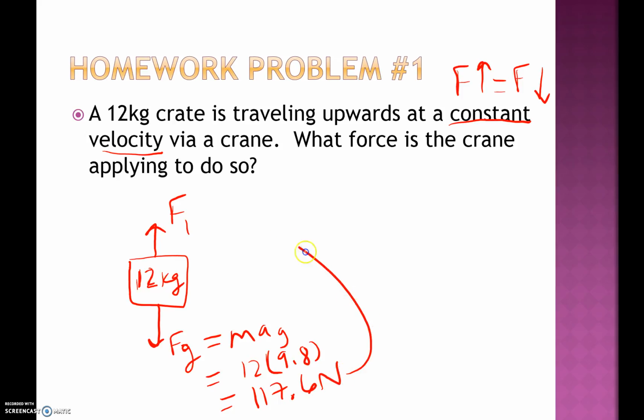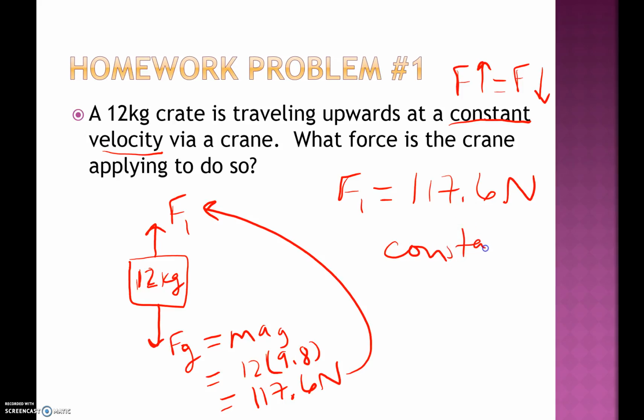That means that this is also that value. So F1 equals 117.6 newtons, because constant velocity and no acceleration. So make sure you understand those. Okay? So that was fairly simple, or at least I think so.